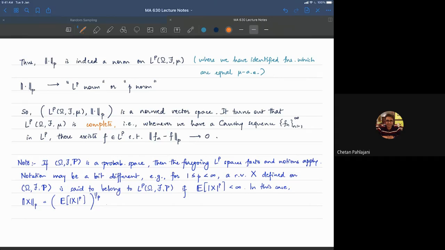Then we'll introduce the definition of what it means for a series to converge and to converge absolutely. Then there is a theorem which we will just state, not prove, which says that completeness is the same as every absolutely convergent series being convergent. I'm sure you have seen the proof. Then we will use that to show that LP is in fact complete. So that's the order in which we're going to go.